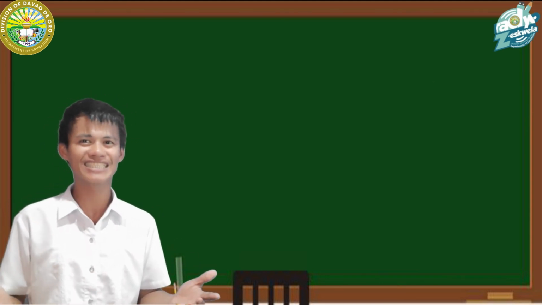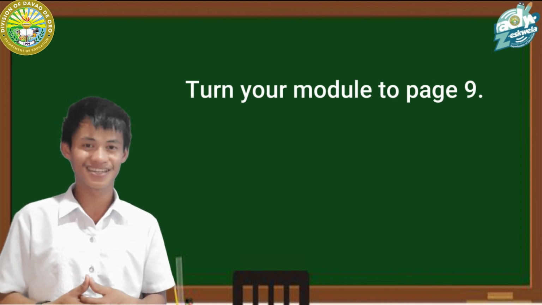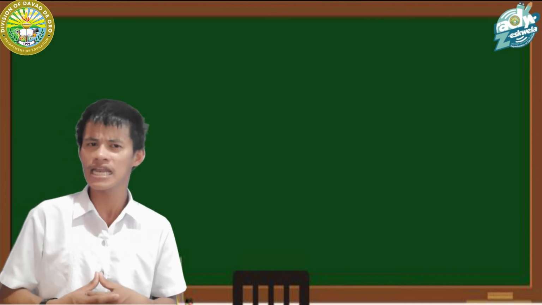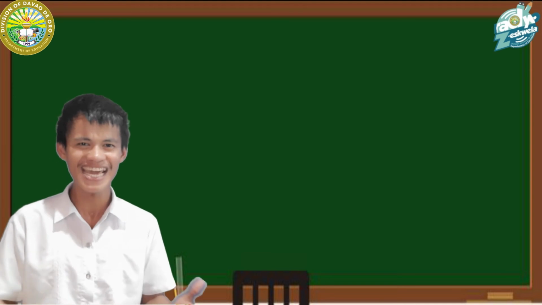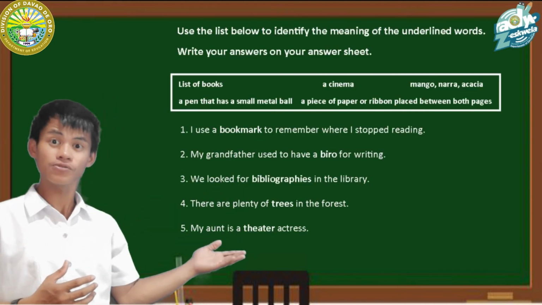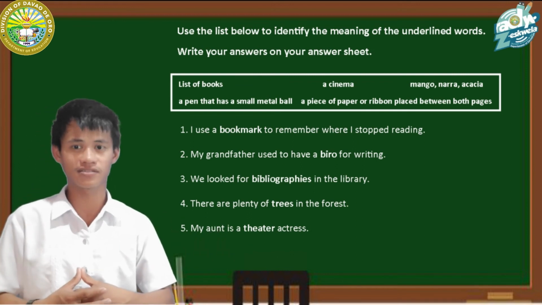At this point, turn your module to page 9. Let us test how much you have learned in the past quests. Are you ready? Use the list below to identify the meaning of the underlined words.